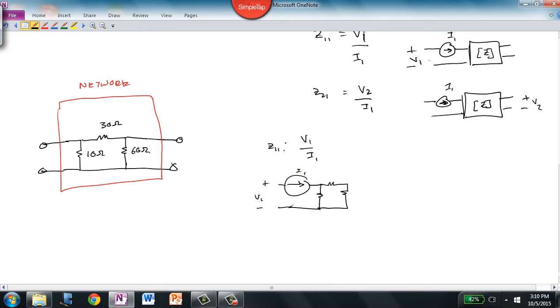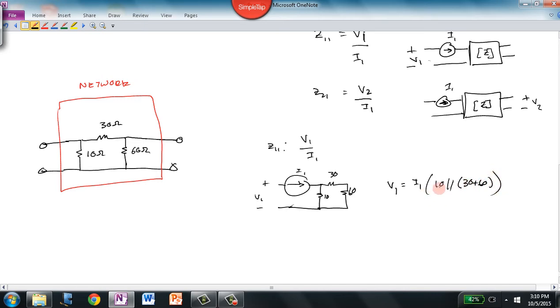So I can just write that for this network, V1 is equal to I1 times the Thevenin equivalency circuit here. And remember, this is 10, 30, 60. So I'm just using some basic network analysis tools or skills to figure this out. Ohm's law, Thevenin equivalency, and so that's I1 times whatever the combination of 10 ohms in parallel with these two series elements are, 30 plus 60.